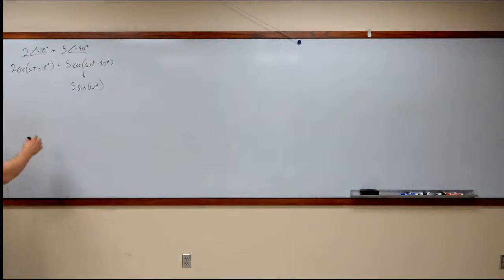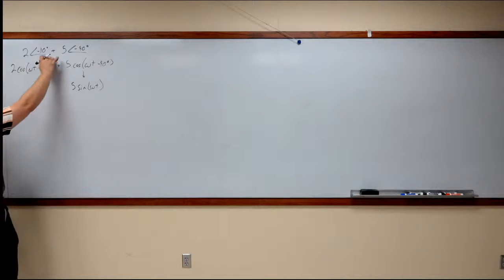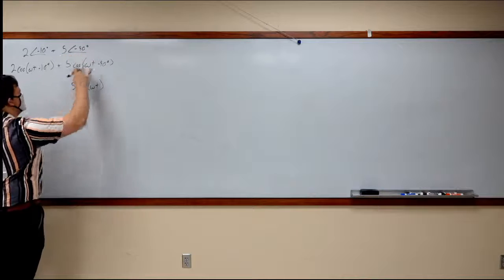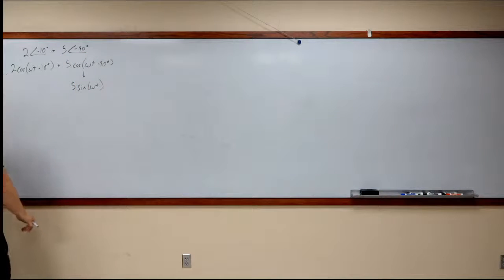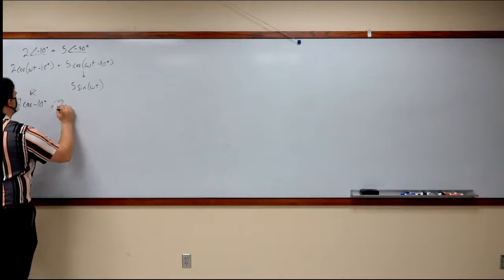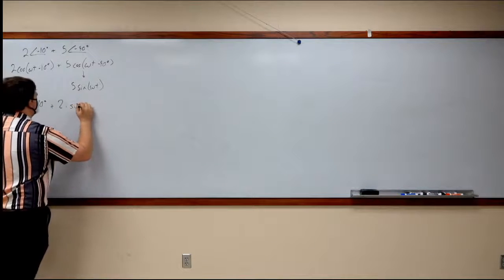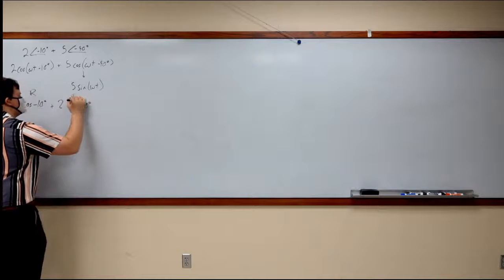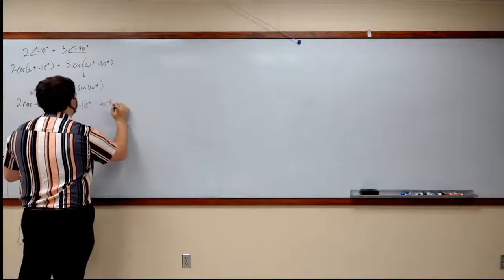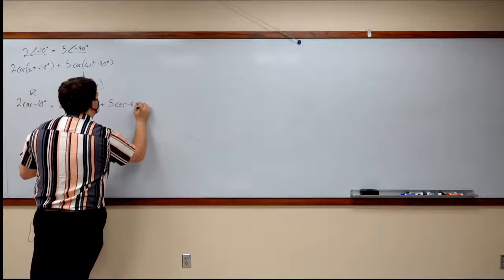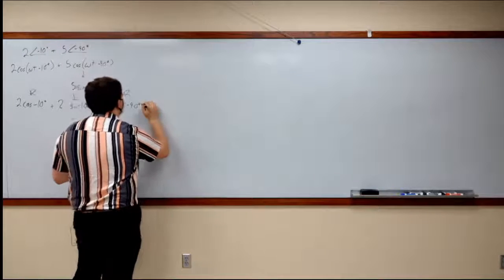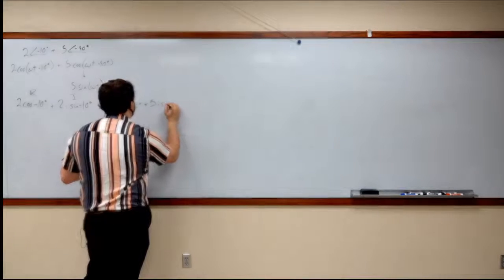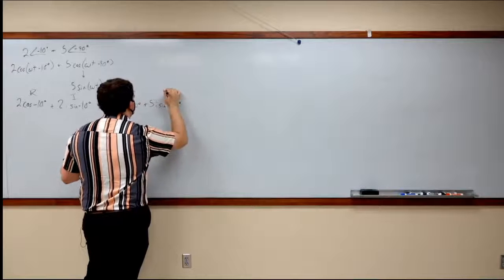All right, so we have 2 angle -10 degrees, 5 angle -90 degrees. The real component of this becomes 2 cosine -10 degrees, it's the real, plus 2 times i sine -10 degrees, that's the imaginary, plus 5 cosine -90 degrees, that's the real, plus 5i sine -90 degrees, that becomes the imaginary.